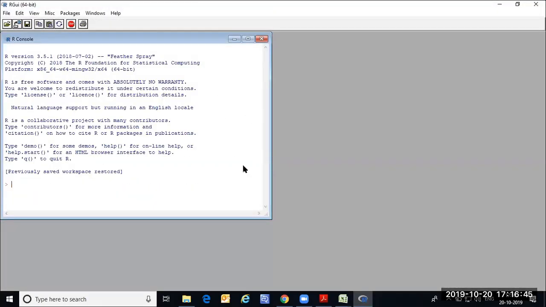This is how it looks: a simple plain notepad. You can perform any arithmetic operations here. Just run two basic arithmetic operations to see it is installed properly for you. Pretty simple installation, right?